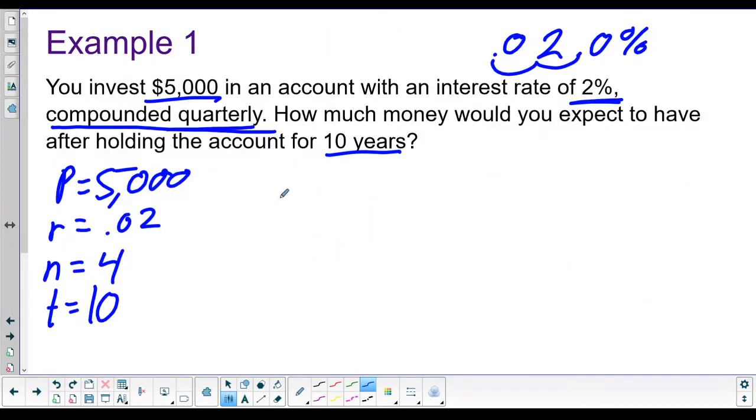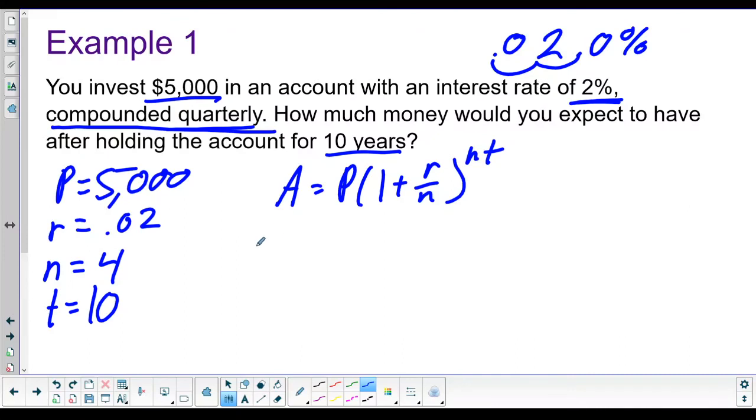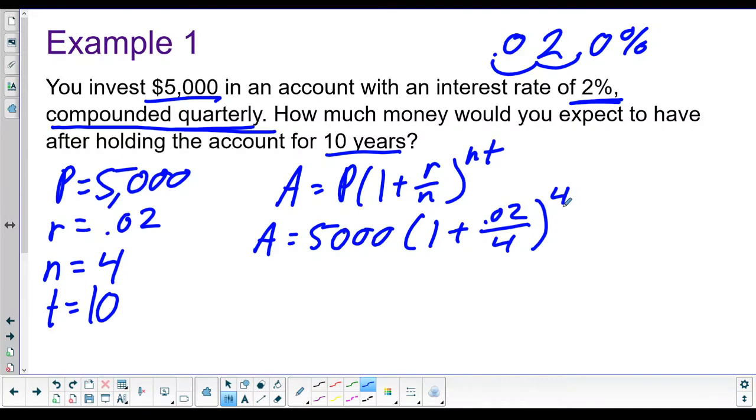So our equation is A equals P times (1 plus r over n) to the power of nt. So we're just going to fill in our numbers now. So A equals 5,000 times (1 plus 0.02 over 4) to the power of 4 times 10. Okay.